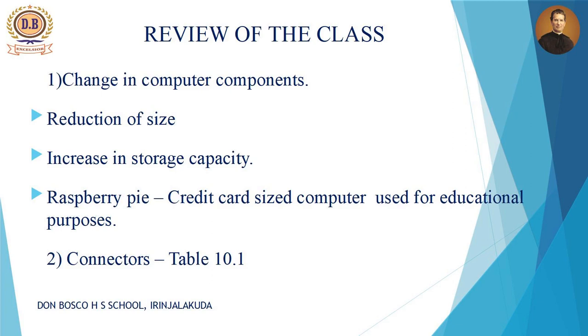The newest technology is Raspberry Pi. It is a credit card sized computer, and the facilities available in a normal computer are also available in Raspberry Pi. It consumes very low electricity, and mostly we use this computer for educational purposes.